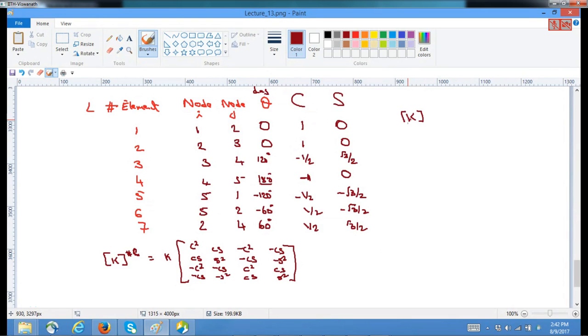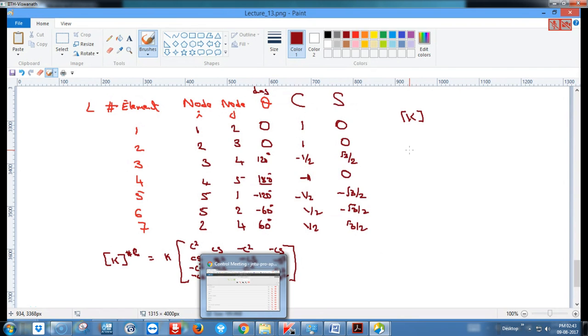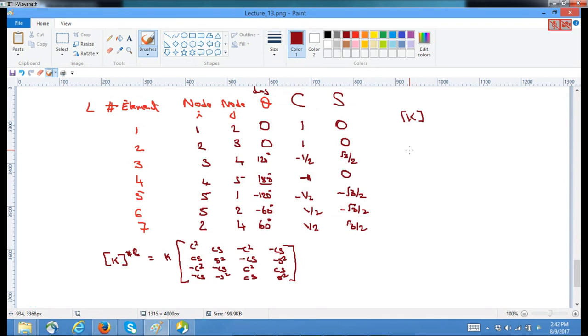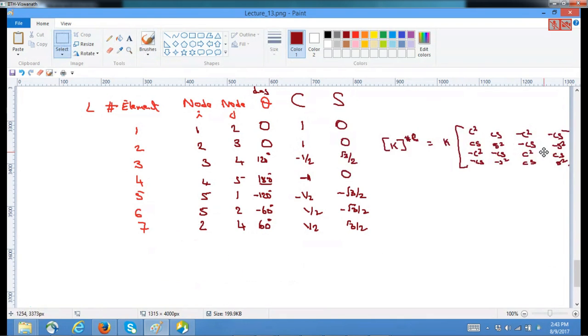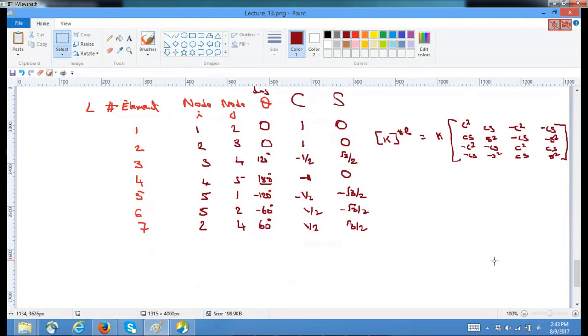so I'll try to move this here. So this is the element stiffness matrix. So using this I can write for the element 1, since I know everything so perfectly, my C and S depend on the theta, which is cos theta and sin theta.